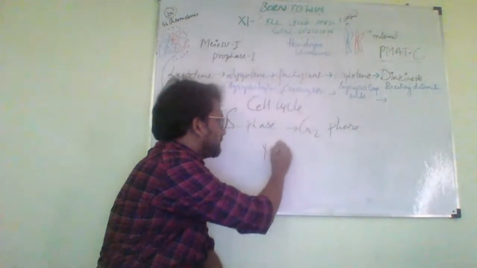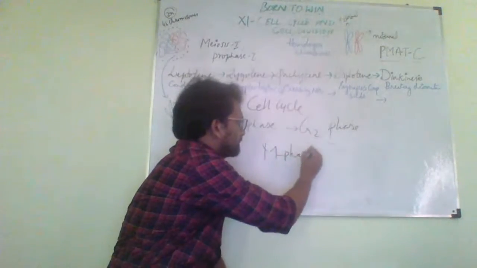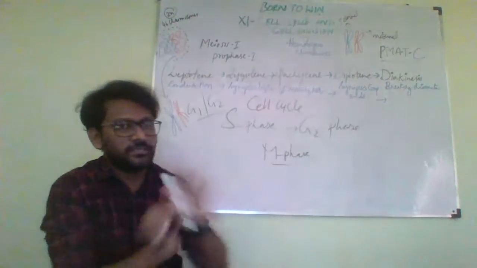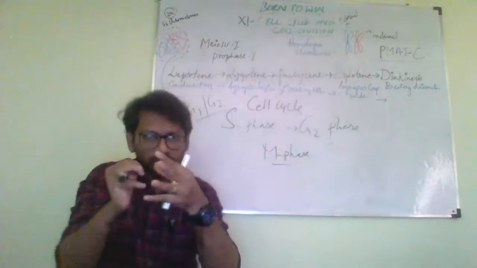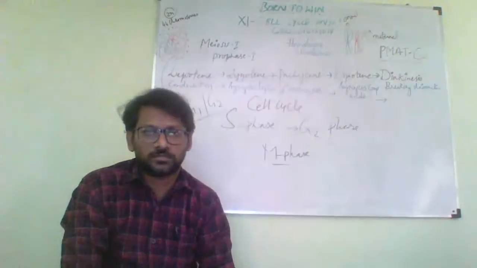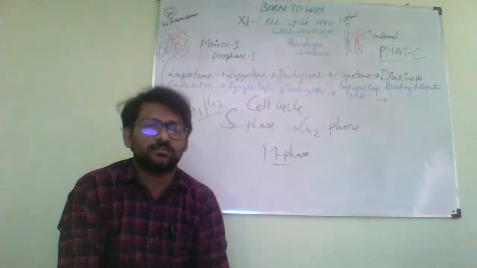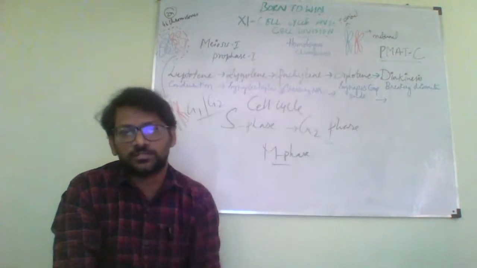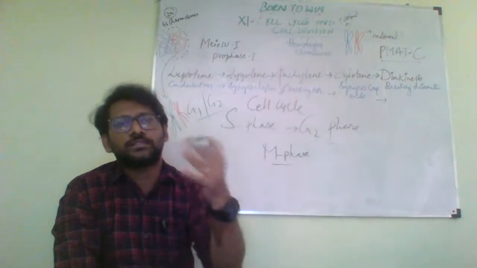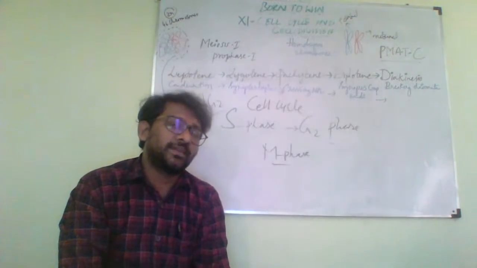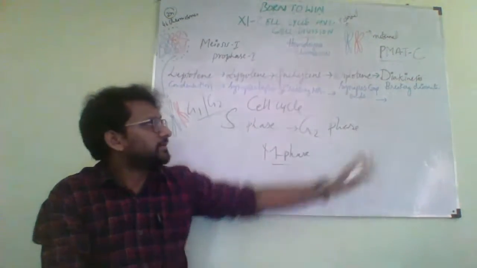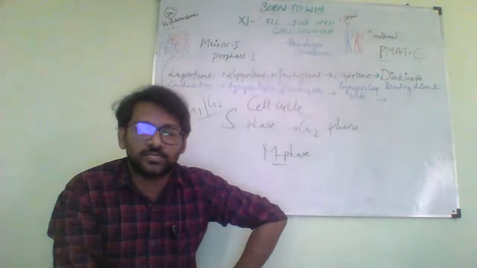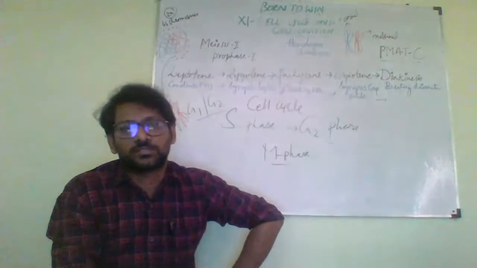So it is followed by M phase, right? During M phase, division occurs, and the chromosomes have to move further apart. That needs certain microtubules, centrioles, etc. Those are all prepared in the G2 phase. Once it is prepared, the cell is now ready to enter the M phase.